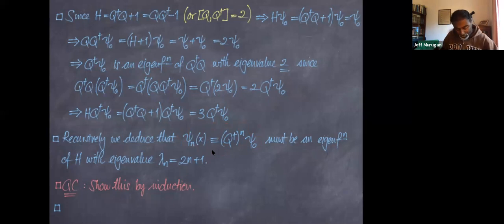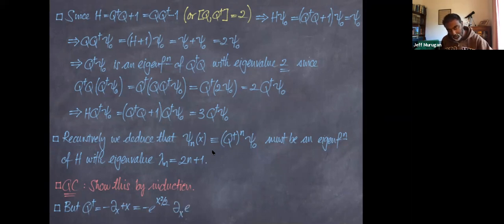But how does this gel with what you might be familiar with already from quantum mechanics in terms of Hermite polynomials? Well, the answer is that I can write this Q dagger operator, which was minus d/dx plus x, simply as the product of the minus sign, e to the plus x squared over 2, derivative acting on e to the minus x squared over 2.